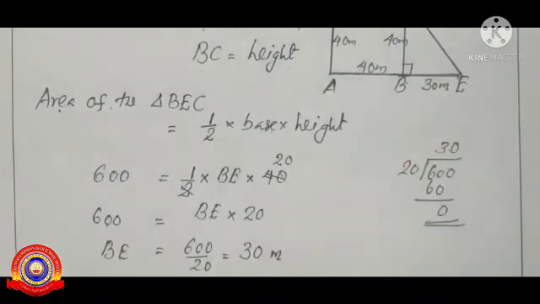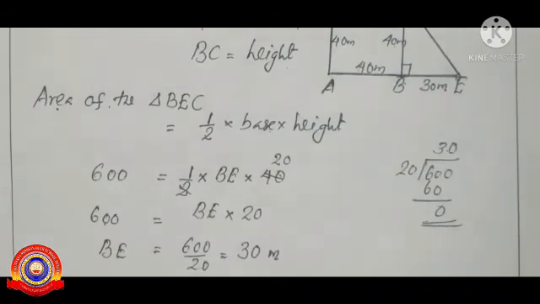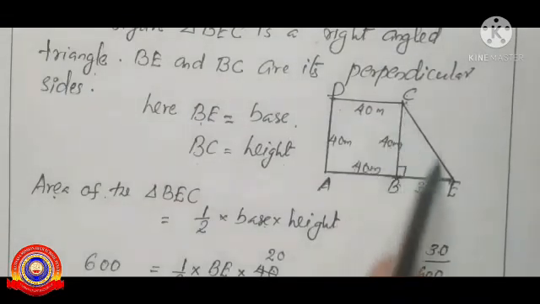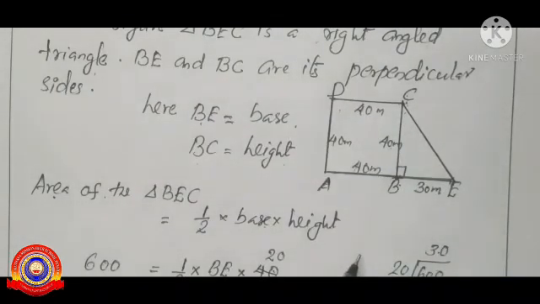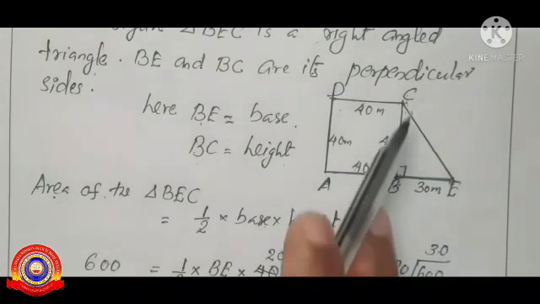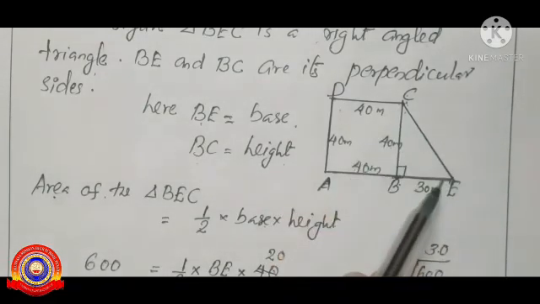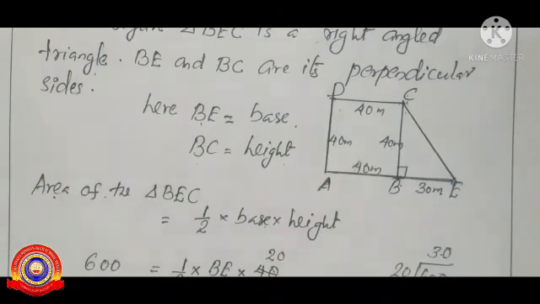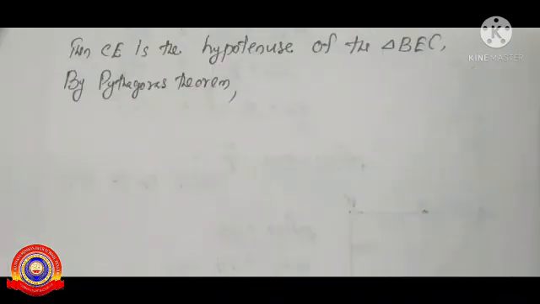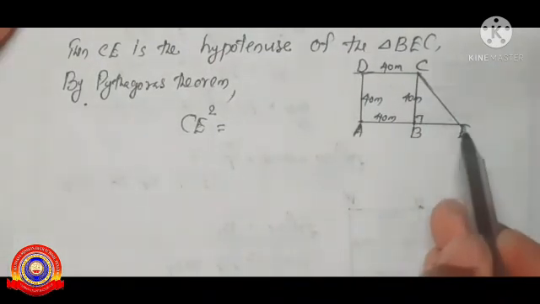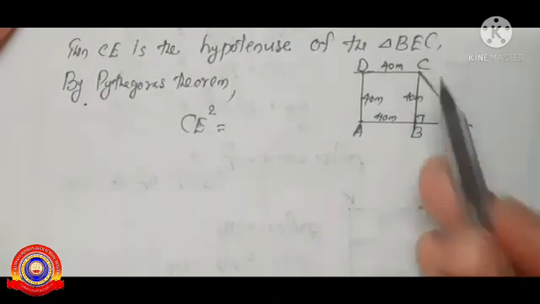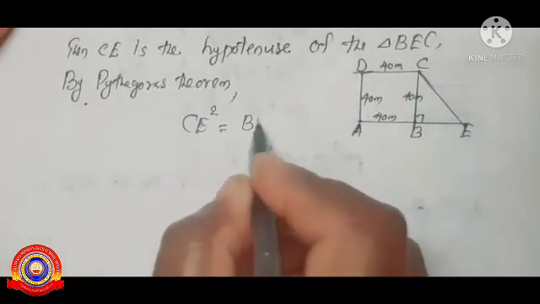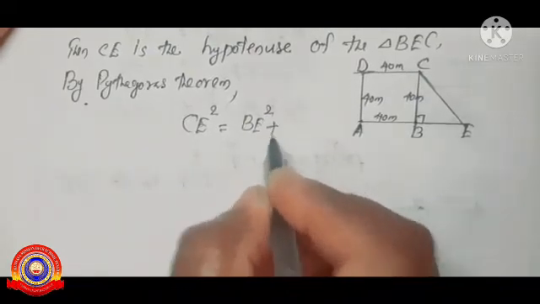Next we have to find the length of EC. In the right angled triangle BEC, EC is the hypotenuse. Then by Pythagoras theorem, EC square is equal to BE square plus BC square.